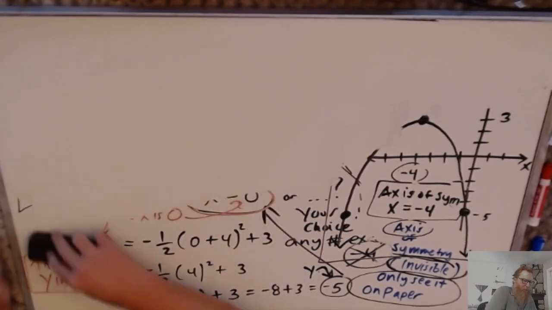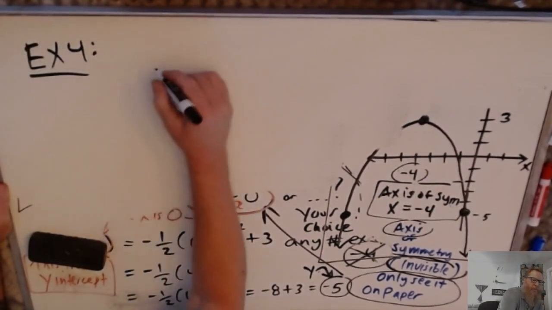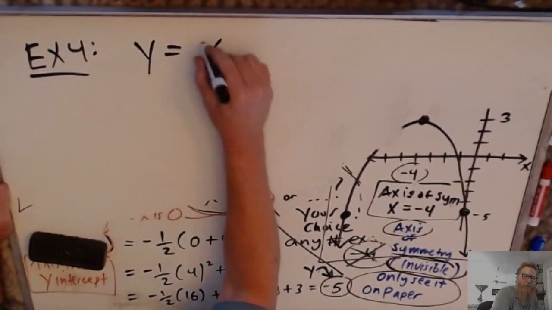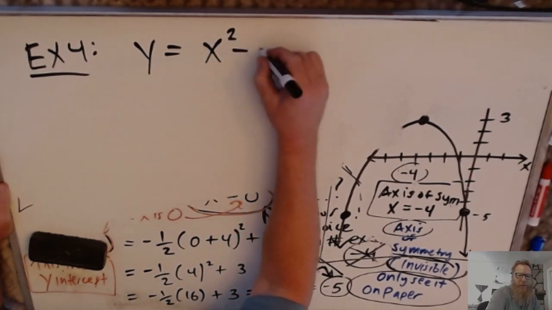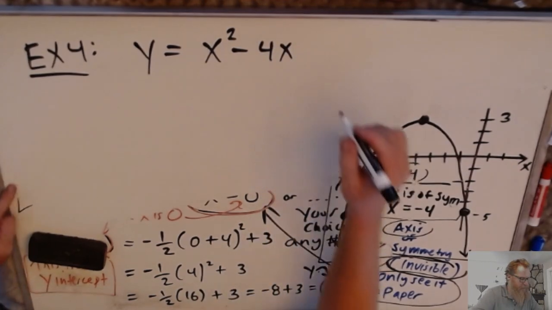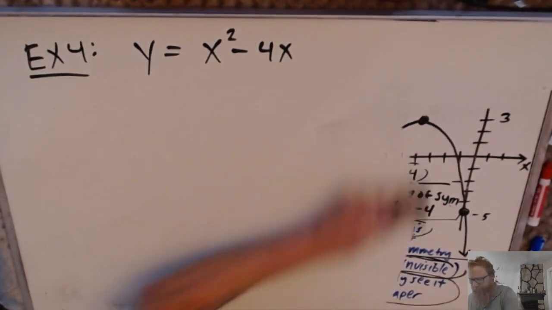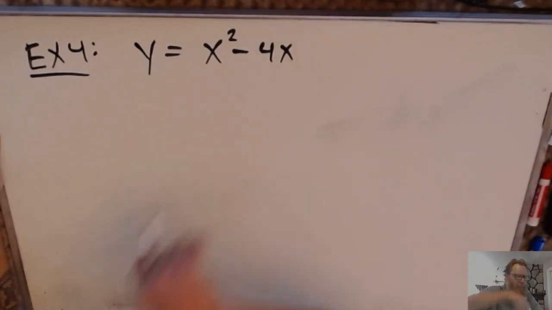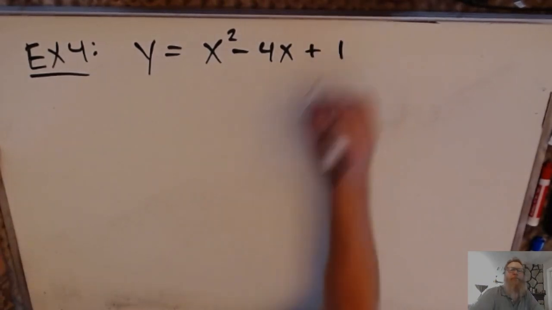All right. Example 4. Suppose we have the function y equals x squared minus 4x plus 1.